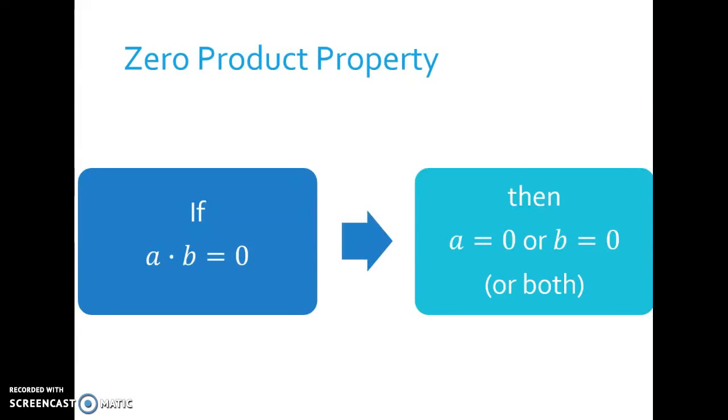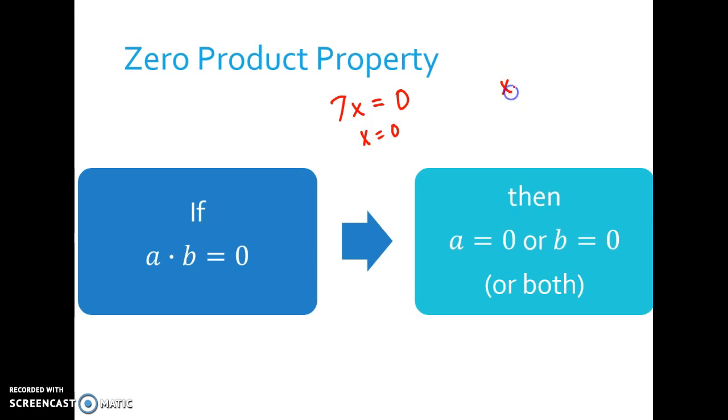A huge idea that helps us find the zeros of a polynomial in factored form is the zero product property. What the zero product property says is if there are two things that multiply to equal zero, then you know that at least one of those things has to be zero. So if I say 7 times x equals 0, the only way for 7 to multiply by anything to make 0, is if x is 0.